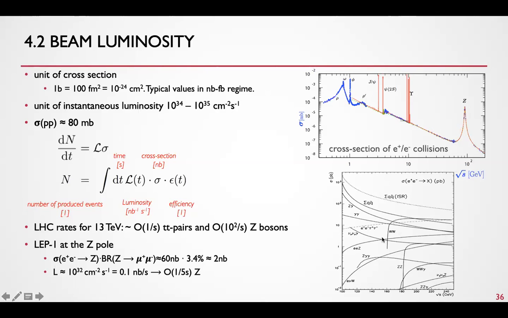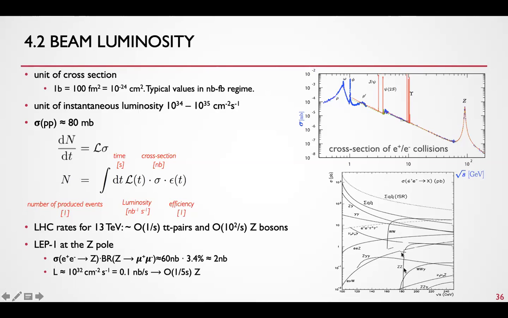And in the plot below, you see the production cross-section in picobarn, so that's a tiny unit, versus the center of mass energies of an electron and a positron colliding. And you see that at a threshold of 180 GeV, you begin to produce interesting processes with two Z bosons.